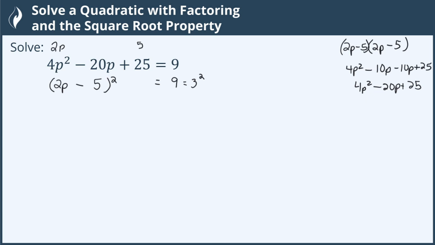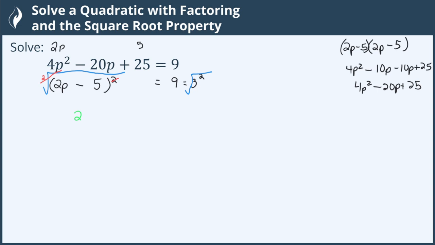Okay, so then what I do is I take the square root of this side and the square root of this side. And my answer comes out to be, remember the 2 that's here, this 2 cancels everything out over here.